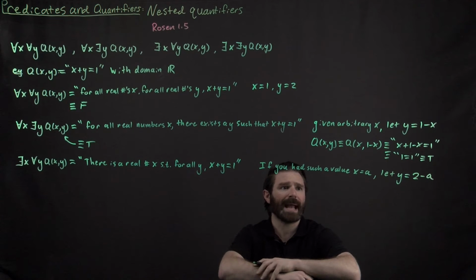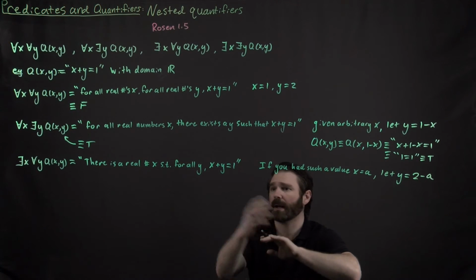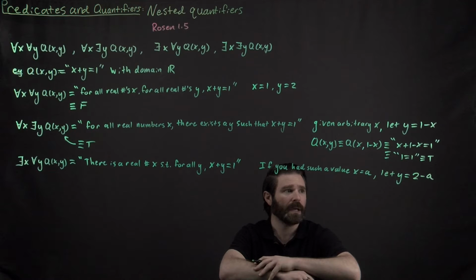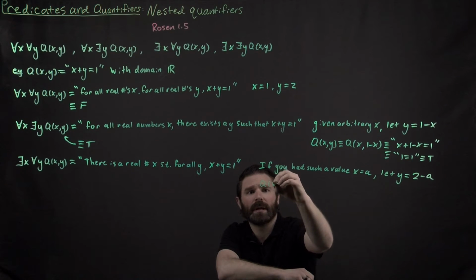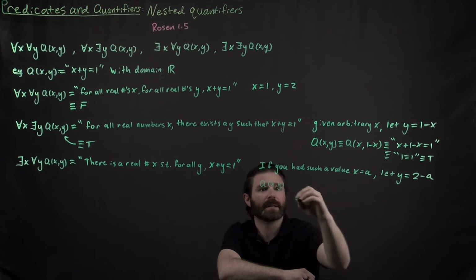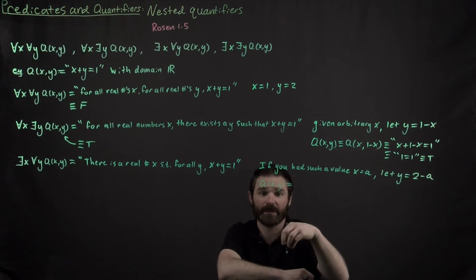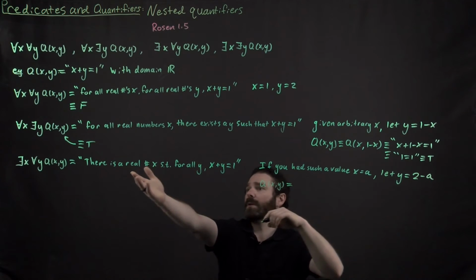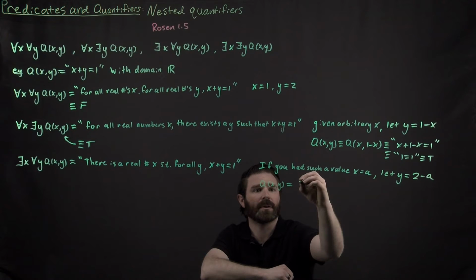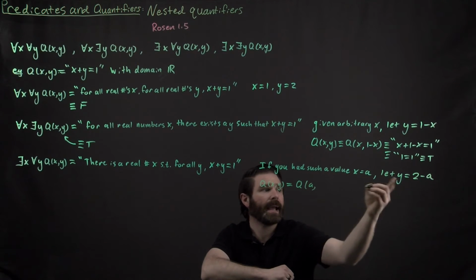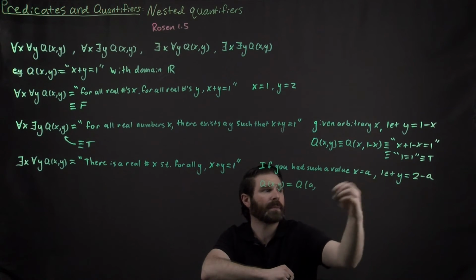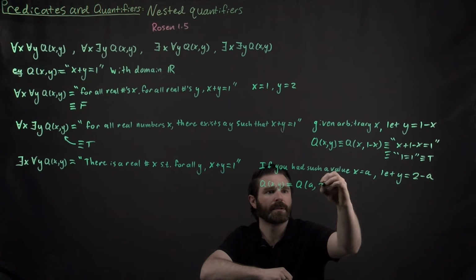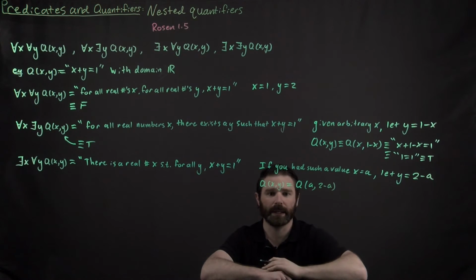So assume that you had some sort of value that you thought made this thing true right here. Well then, you said you found that magical value, there exists an x, so you called that thing a, and I'm letting y be 2 minus a right here.